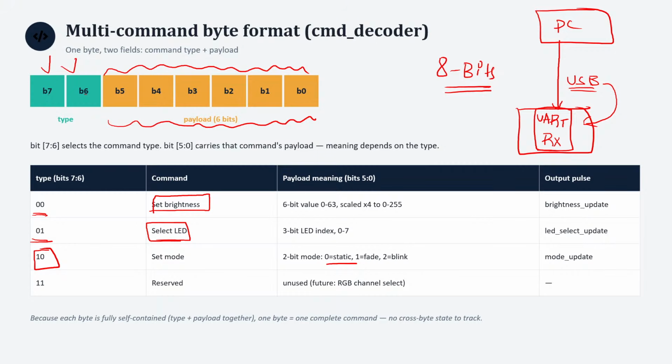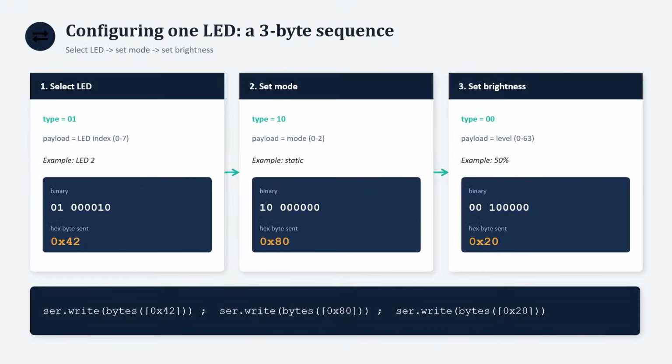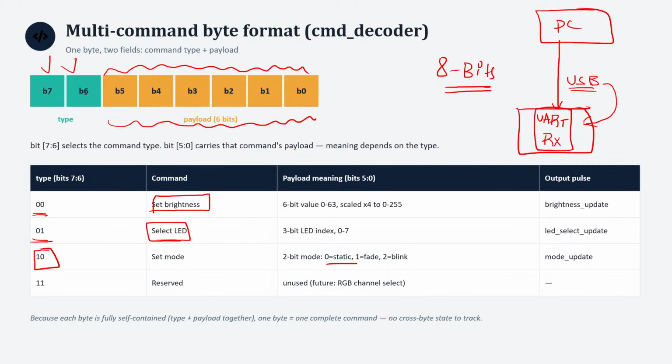Now, as we observed in the previous session, we have brightness values from 0 to 255. For having 0 to 255, 6 bits are not sufficient.